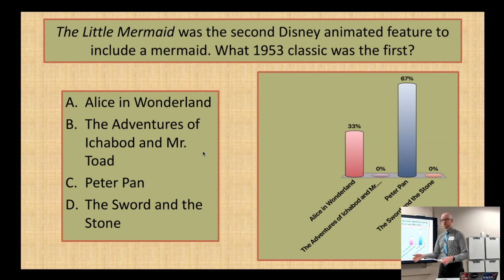Like, which Disney movie had the most social impact in the 1960s? Or how is Disney influential in the media, having them discuss something more opinion-based that we built upon, versus, where is the first mermaid in a Disney movie?